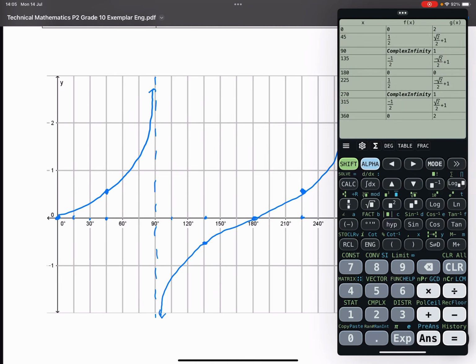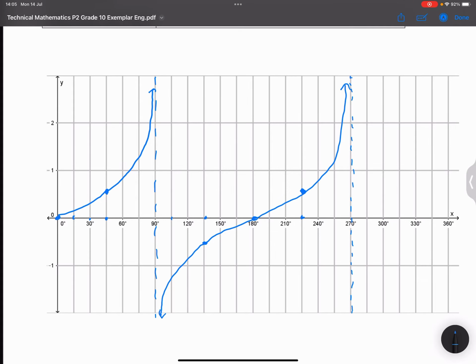And then finally, you've got at 315, negative a half, and 0 at 360. So I've got 360, and here 315 on another negative a half. And there we go. So this is what our graph would look like. This is a half over there, and this is negative 1 over 2 over there.